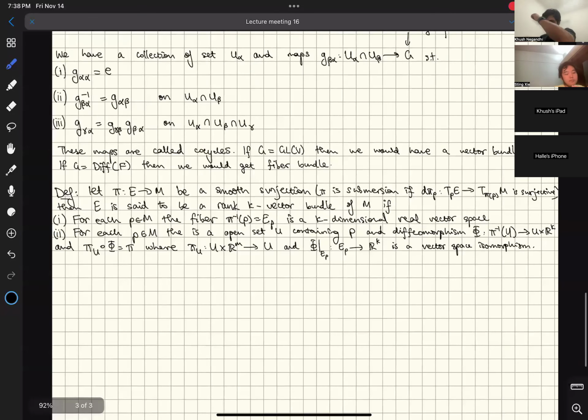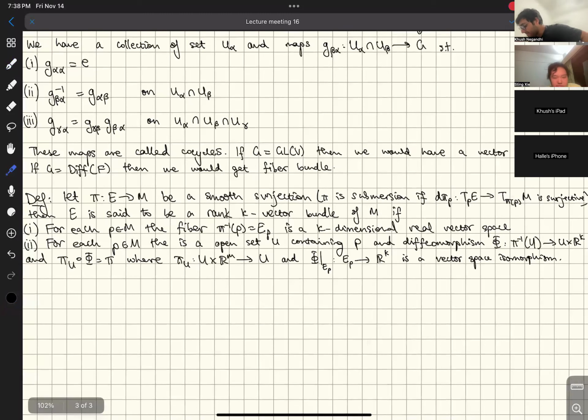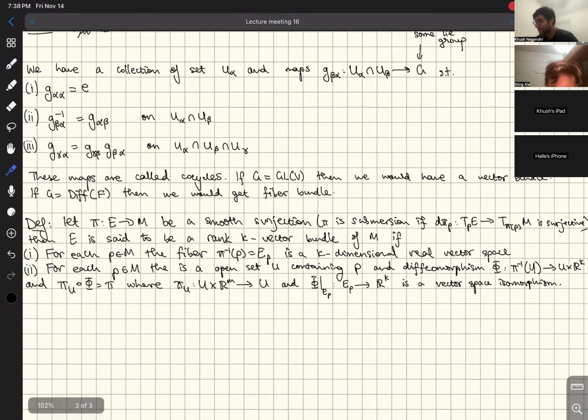In the case of cocycles, we see that our cocycles take values in the general linear group of the vector space. I'm being very hand wavy with that. You can't actually say that because the maps from E_p into R^k don't actually form a group, since you can't compose those maps together.